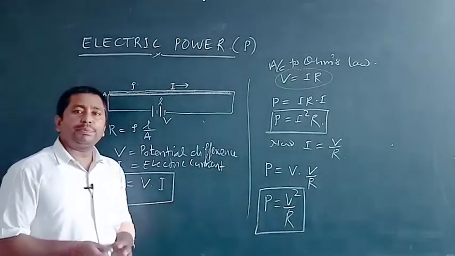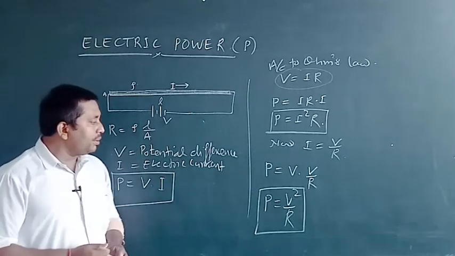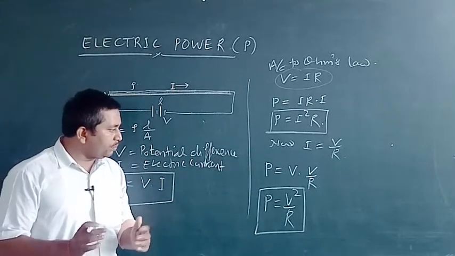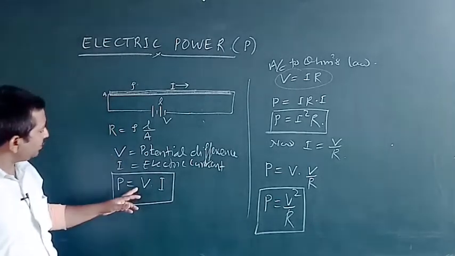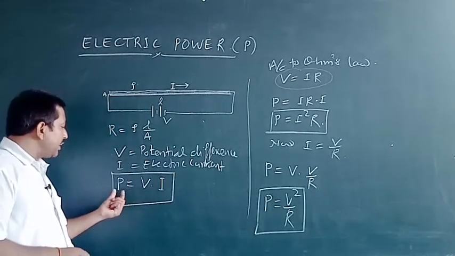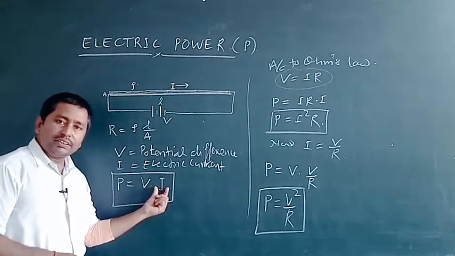Before going deep into the problems related to electric power, first we want to know what the unit of electric power is. The power can be expressed as the product of potential and the current.